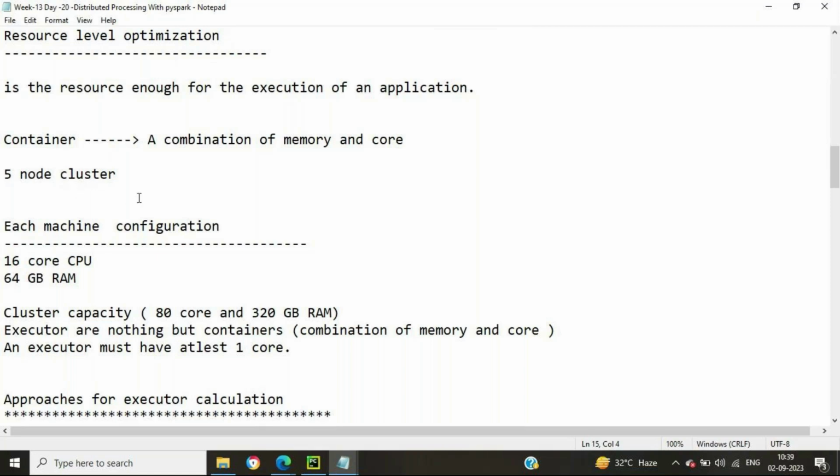So memory and cores, or executors, are given to a particular job, and based upon the size of the container we say this is the fat executor and thin executor.